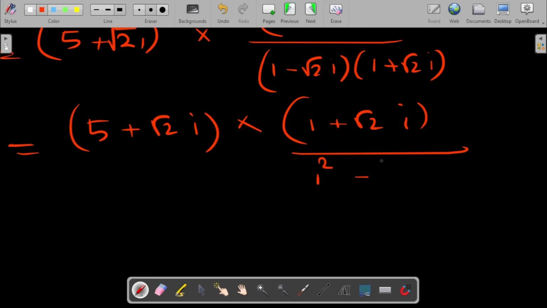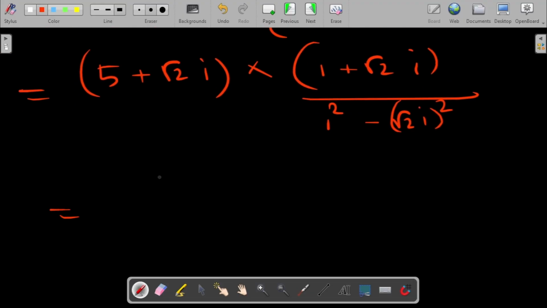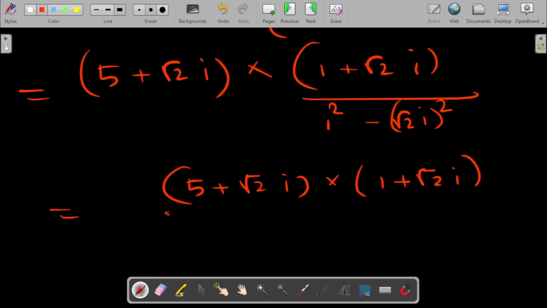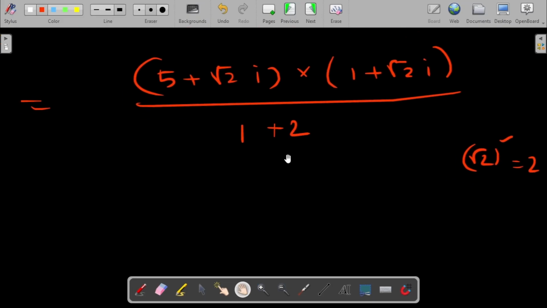So a is 1 and b is square root of 2i, squared. This equals 5 plus square root of 2i multiplied by 1 plus square root of 2i, divided by 1 square minus the square root of 2i squared. So this equals 1, and we know that i square equals minus 1, so plus the square root of 2 squared, which equals 2. So plus 2.